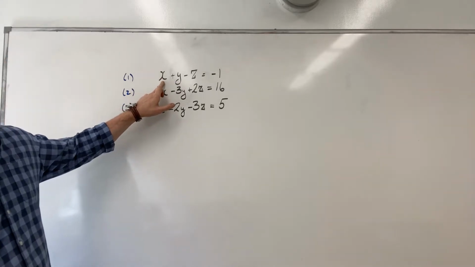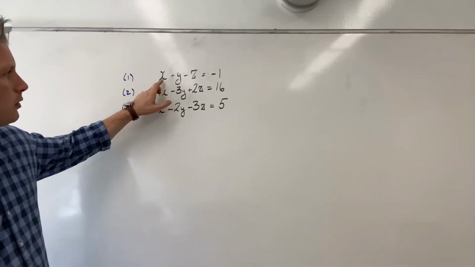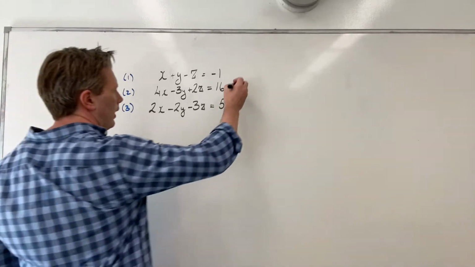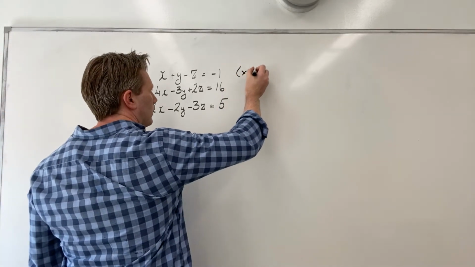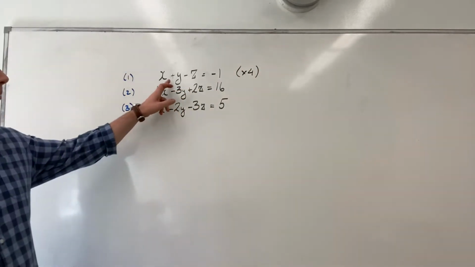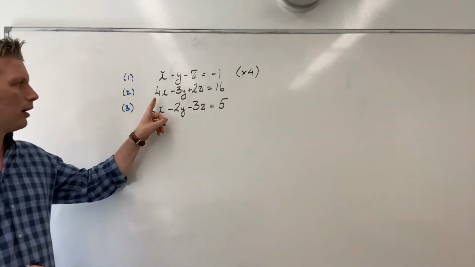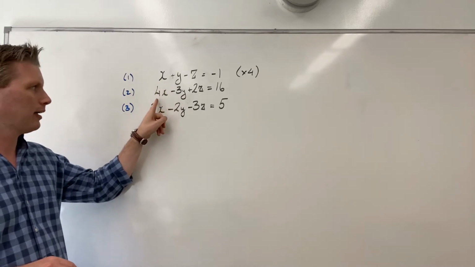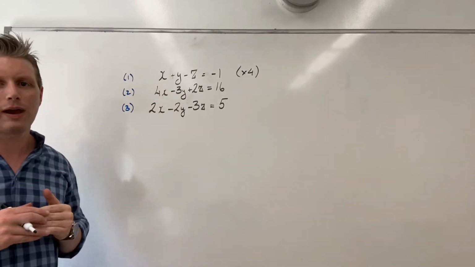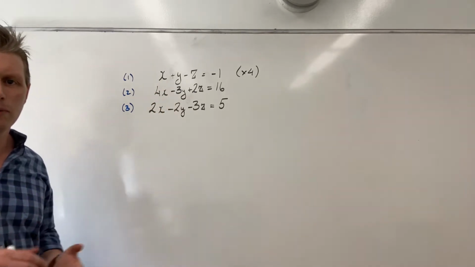So in order to make this 4x, I'm going to multiply this equation here by 4. So this equation will become 4x plus 4y minus 4z is equal to minus 4. And therefore, once I have 4x here and 4x in equation number 2, I can simply subtract equation number 2 from that equation.